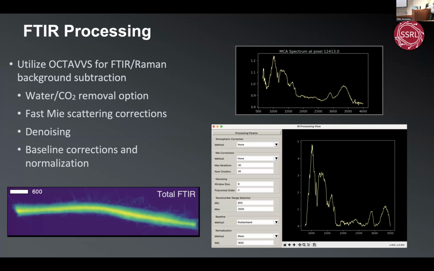He has a lovely program called Octaves, and it's really great for doing FTIR and Raman background subtraction and processing. We can do things like water removal, a really fast Mie scattering correction, denoising and baseline. So we can take these total FTIR signals, look at the raw spectra, load those up, do some background subtraction, extract that data, and then look at those characteristic peaks.